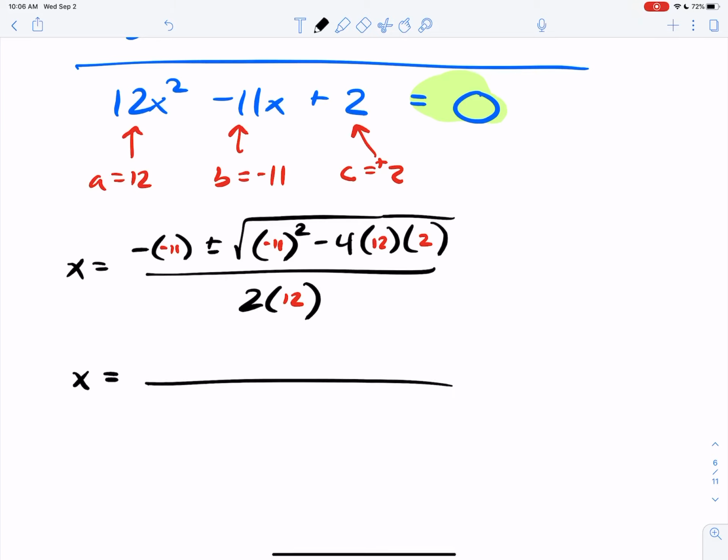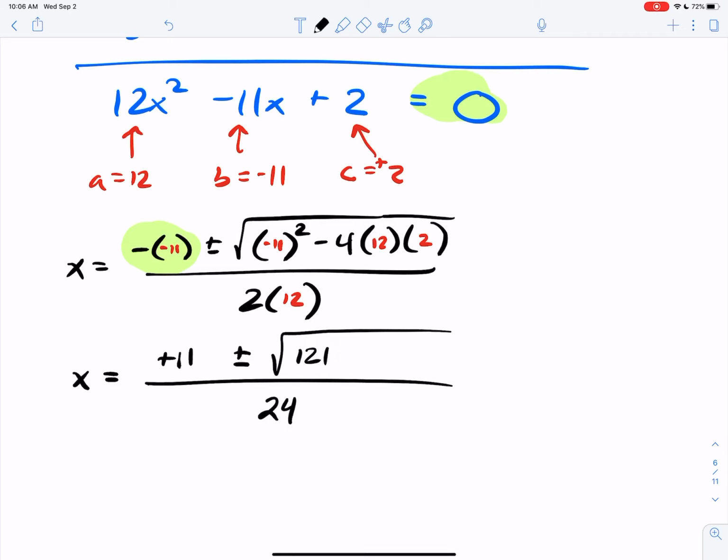Down below in the denominator, 2 times 12 is just 24. Up top here, a negative times a negative 11 is a positive 11. All right, plus or minus, square root. Negative 11 squared, okay, is negative 11 times negative 11, all right, which is 121. Just remember, when you guys square a number, it always comes out positive, all right? So this is positive 121.